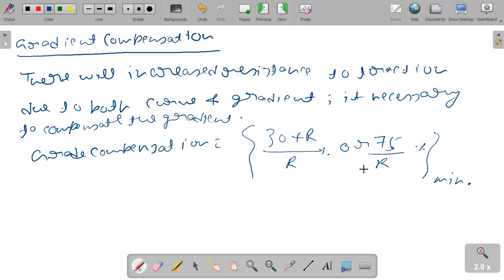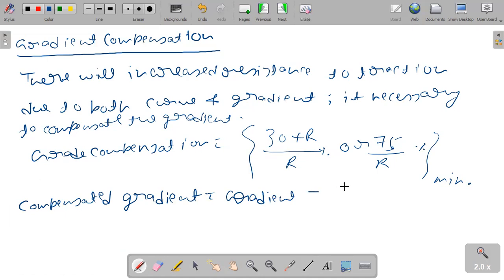And when we need to calculate the compensated gradient, we have one more formula. Compensated gradient is equal to the gradient, which will be given in numericals, minus grade compensation, which is the minimum of these.